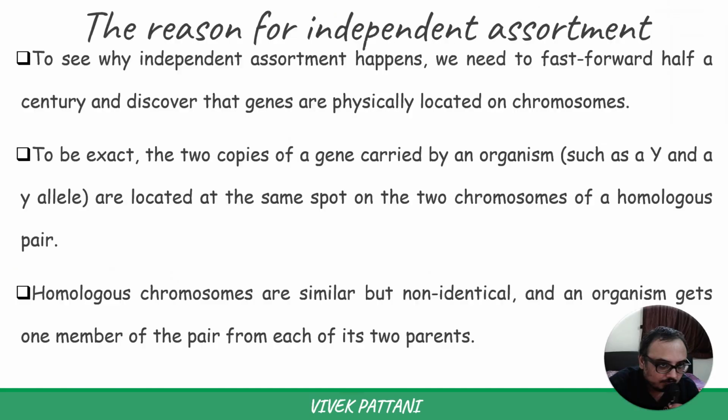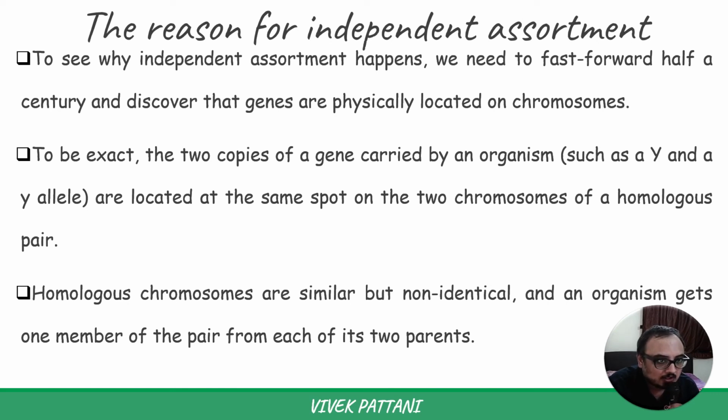Now, what is the reason behind the independent assortment? As we can see in the experiment, we need to fast forward half a century and discover that the genes were physically located on the chromosomes.